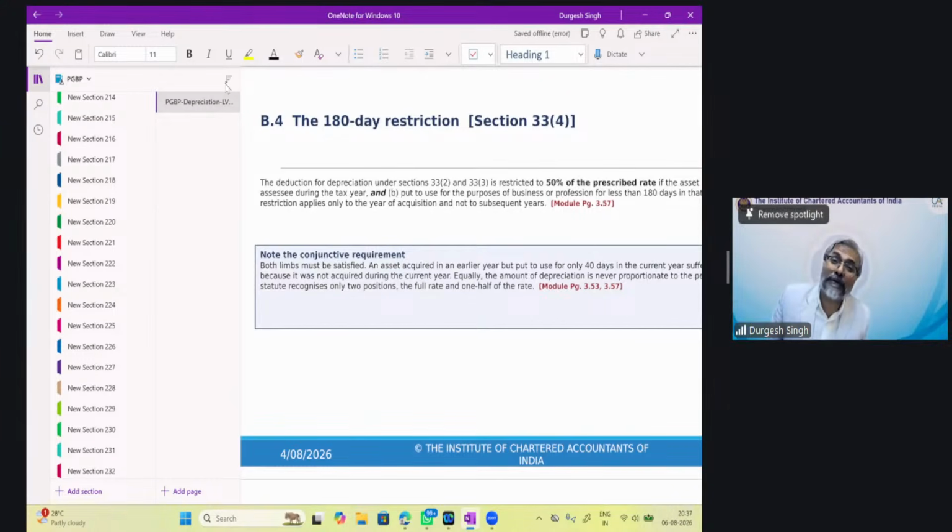That is the ownership criteria, and based on that we have seen various situations. Put to use, already explained. Hierarchy of depreciation, you already know: current year, after that brought forward business loss, after that UAD. This covers your entire part A. Is that point clear to all of you, students?